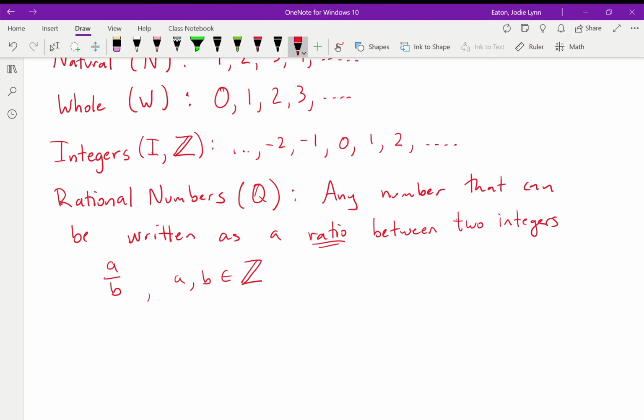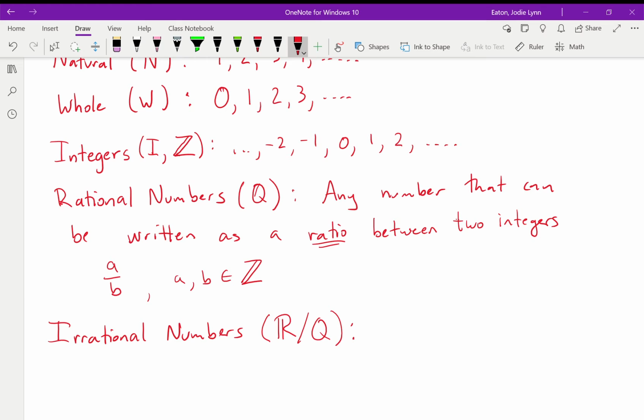The irrational numbers, which you may see written as this, or the real numbers minus the rational numbers. This is because irrational numbers are defined simply as numbers that aren't rational, or any number that can't be written as a ratio between two integers.